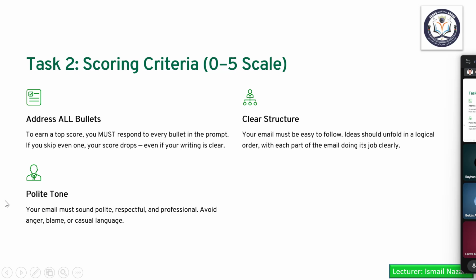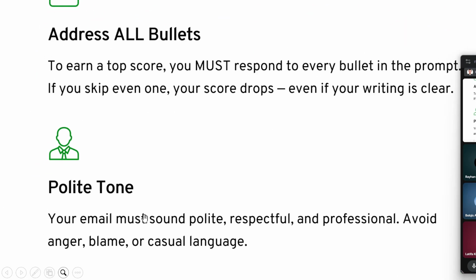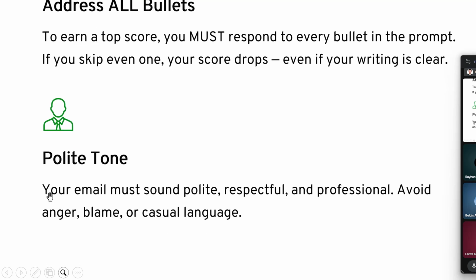The third criterion our response is checked on is polite tone. Polite tone is another important thing. If you have had the experience of writing an email to someone, you may know that when writing an email, especially official emails, we need to be very polite and use respectful language and certain words to show professionalism.